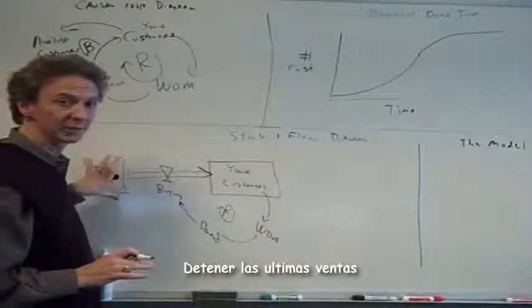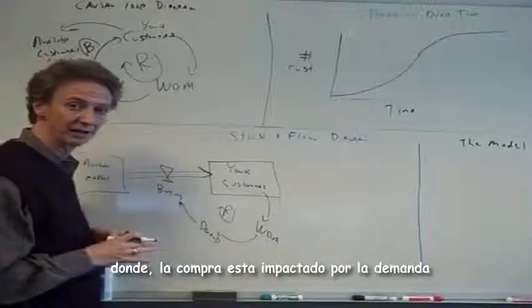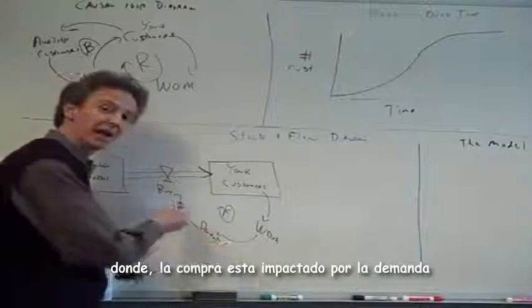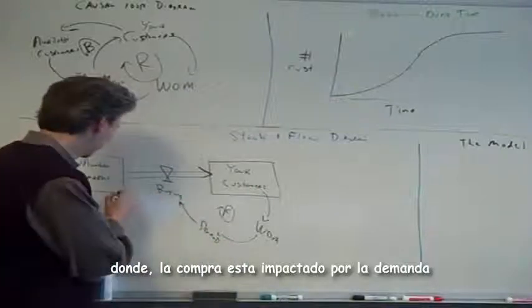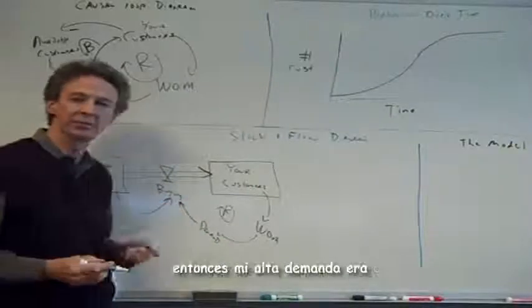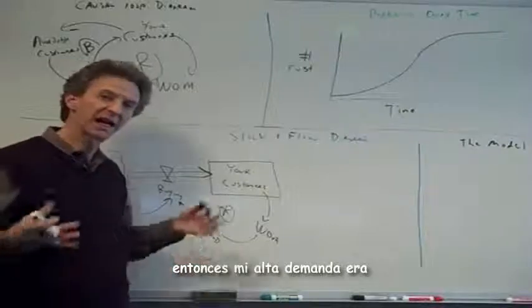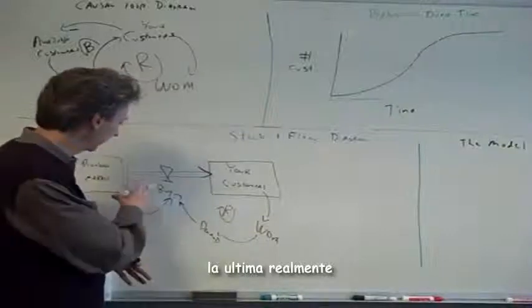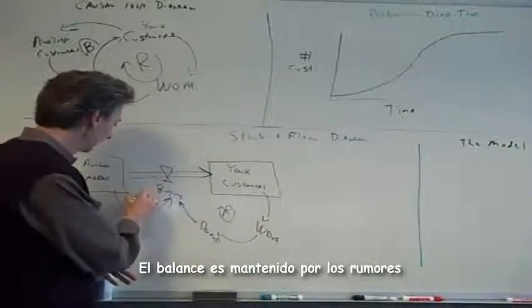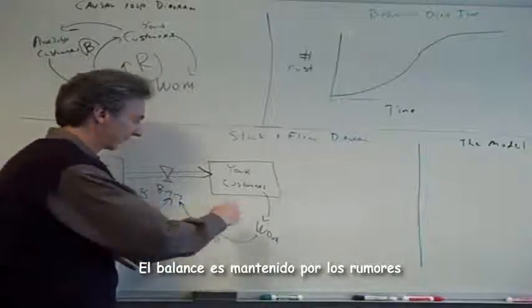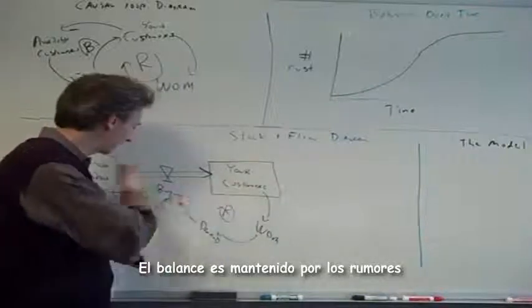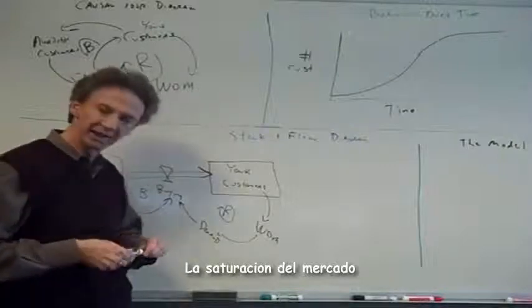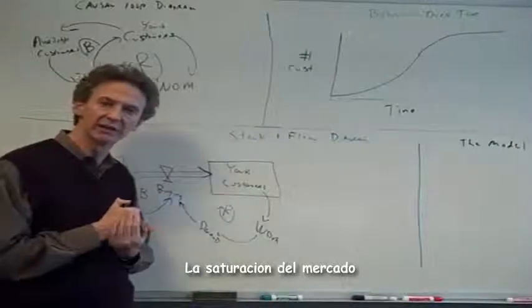There's less and less available market. So that's the way we're going to model this. And the buying is really impacted by the demand that's in the marketplace times the available market. So there might be high demand, but less and less customers available to you. So that's really the balancing loop here. So you've got word of mouth driving it up, and market saturation holding it back, and the two will interact with each other, as we'll see in the Excel model.